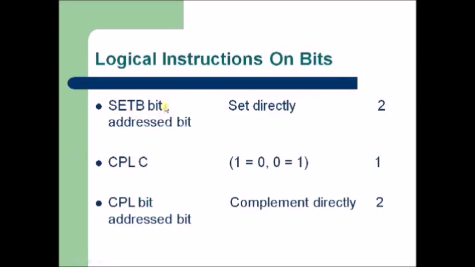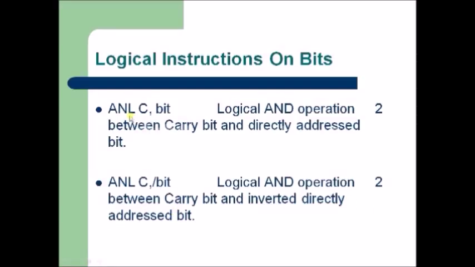SETB bit, so it is going to set the specified bit address. Okay, and CPL C, the carry flag gets complemented, that is 1 becomes 0 and 0 becomes 1. CPL bit, the specified bit gets complemented. ANL C comma bit performs a logical AND operation between the specified bit and the carry flag.